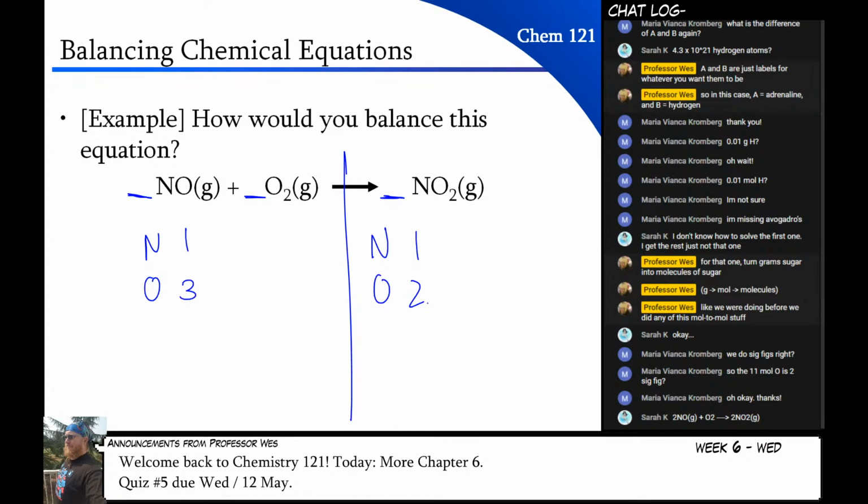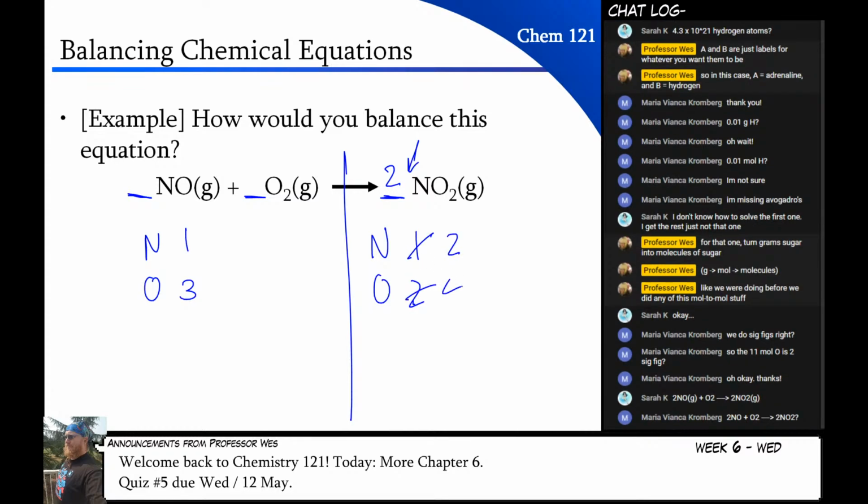Where'd my cursor go? Oh, there we go. I have to work here first, because if I put anything on the other side, I would increase the amount of oxygen I have, which would get me further away from the correct answer. However, there's no real number that you can add there that fixes this, because oxygens come in pairs, right? So I'm kind of stuck with just putting a 2 here and seeing what happens, right?